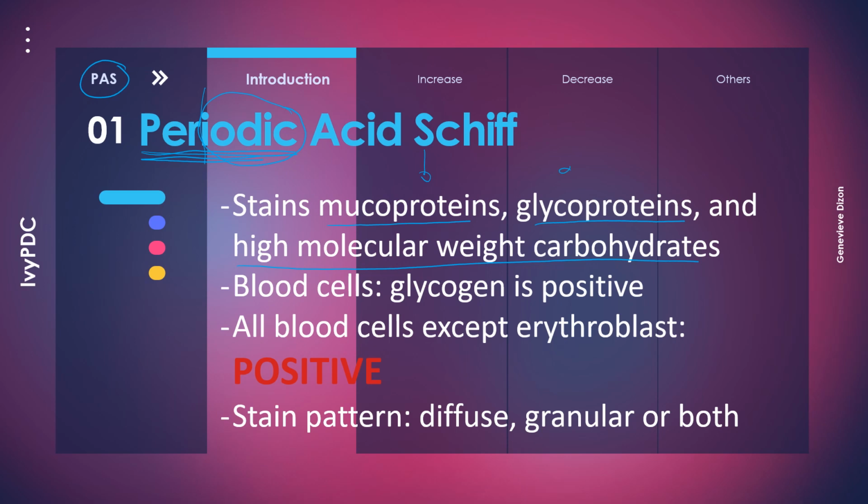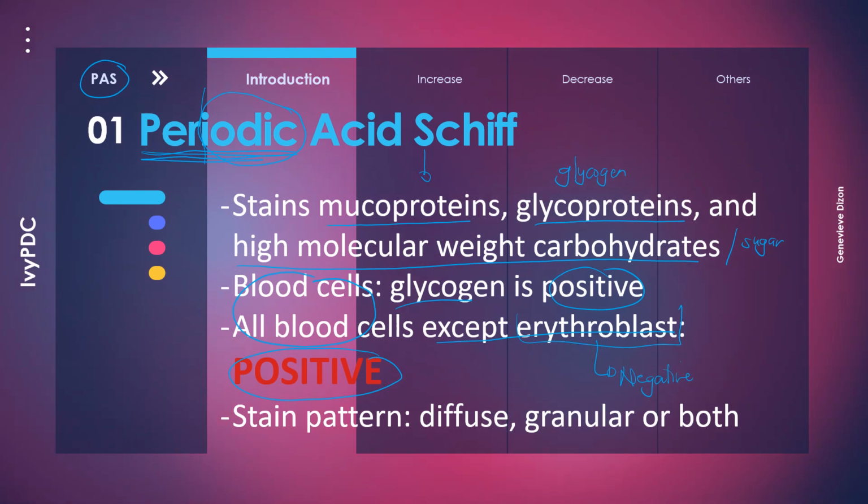So in short, it stains the glycogen that is present in the cells and the carbohydrates or the sugar inside the cells. And normally, all blood cells would have glycogen and would therefore be positive for PAS, with the exception of the erythroblast, which is normally PAS negative.